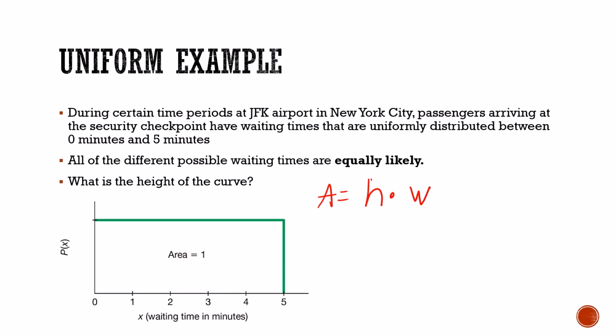Everybody, the width is 5, because you can't be waiting fewer than 0 and you can't be waiting more than 5. So it's pretty easy to find. Since I know the width, the height would then be 1/5, or 0.2.